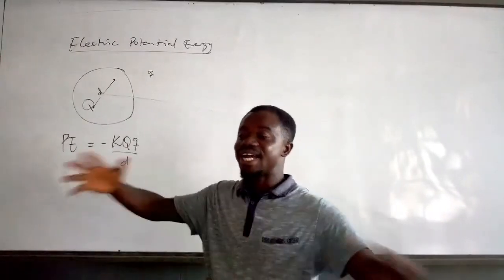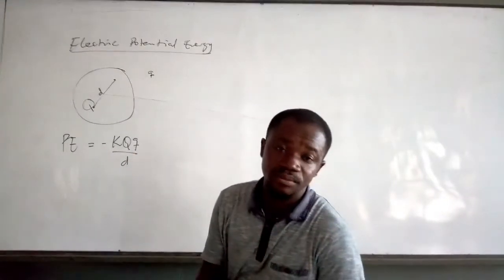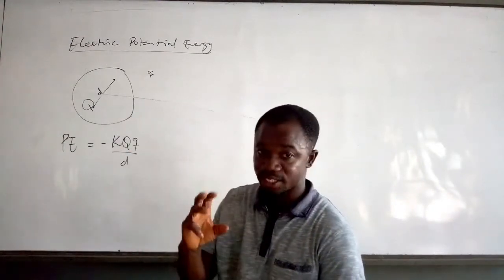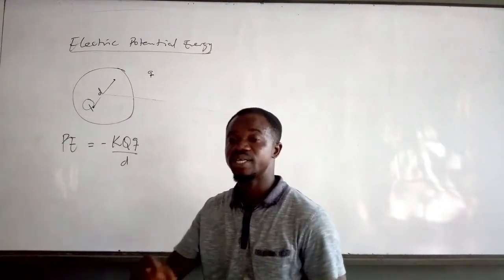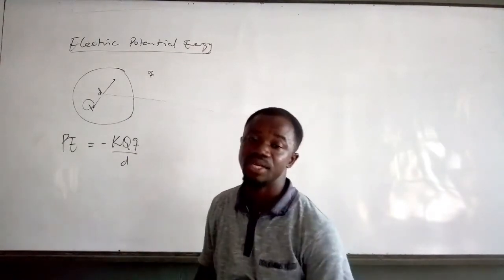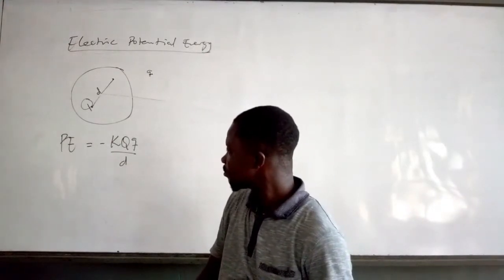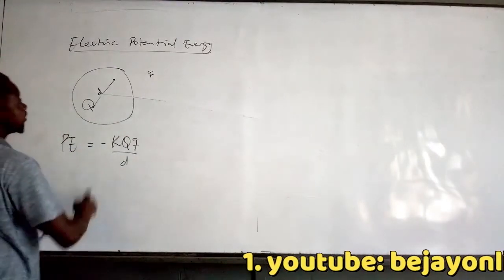So that as the height increases, the magnitude of the potential energy increases. Remember that potential energy is a scalar quantity. It doesn't have a direction, all right? So it is only to make the magnitude, the value, become bigger. Exactly. Good. So that is electric potential energy.